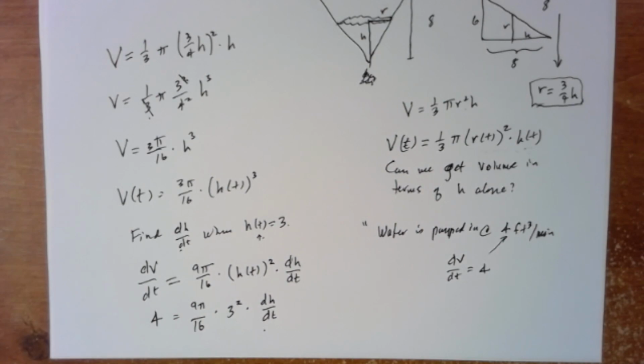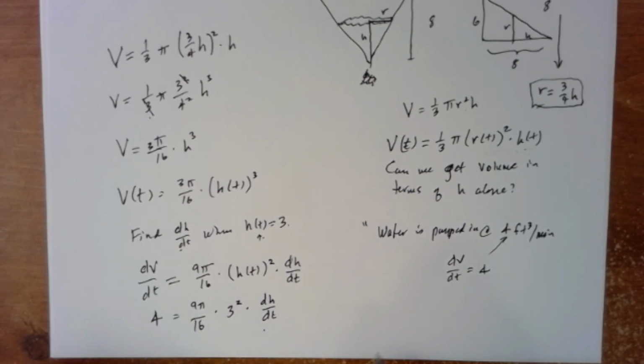Okay, so I see 9 times 9 is going to be 81. So that's going to be 81 pi over 16.